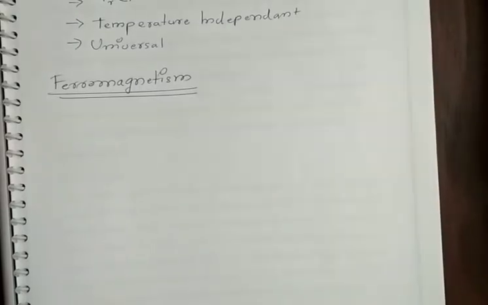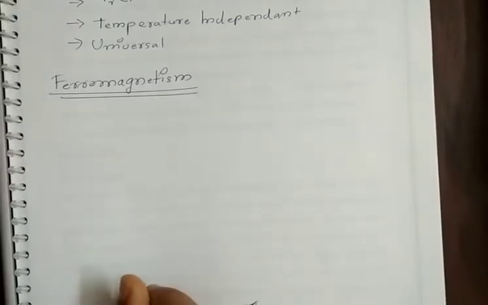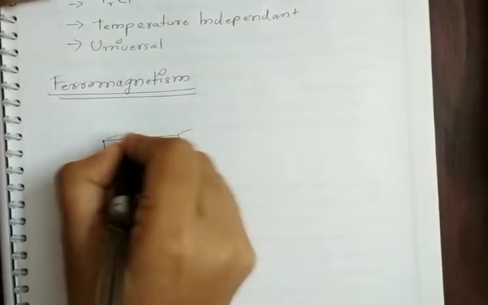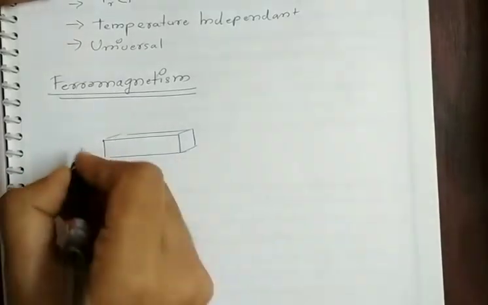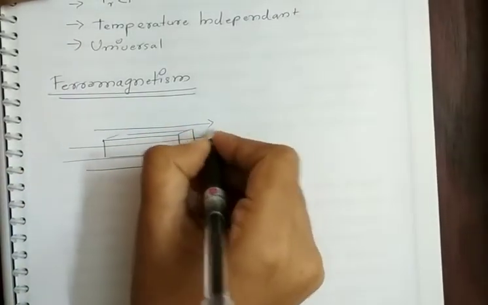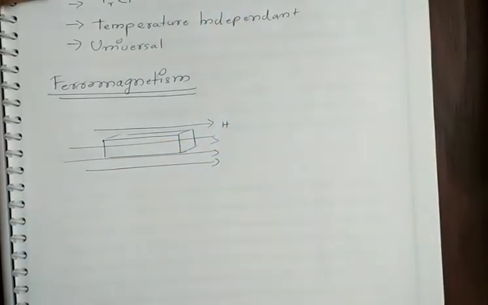Now what do you mean by ferromagnetic behavior of a material? When you place a ferromagnetic material in an external magnetic field H, what happens to that material?